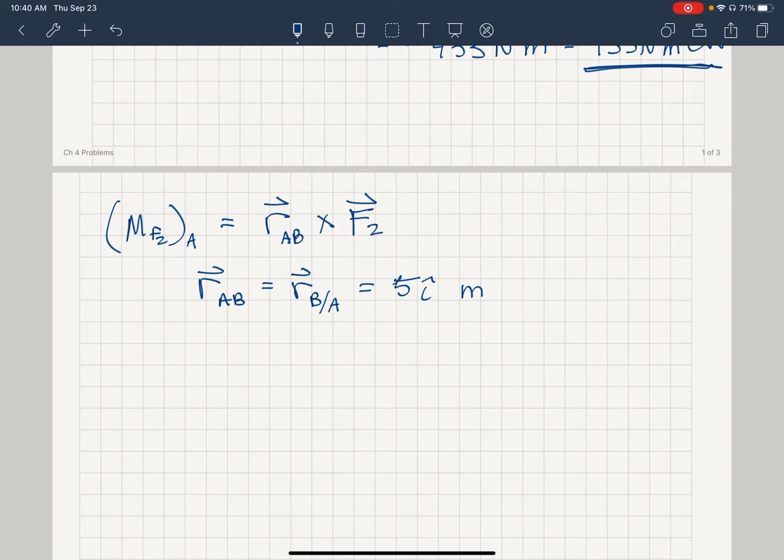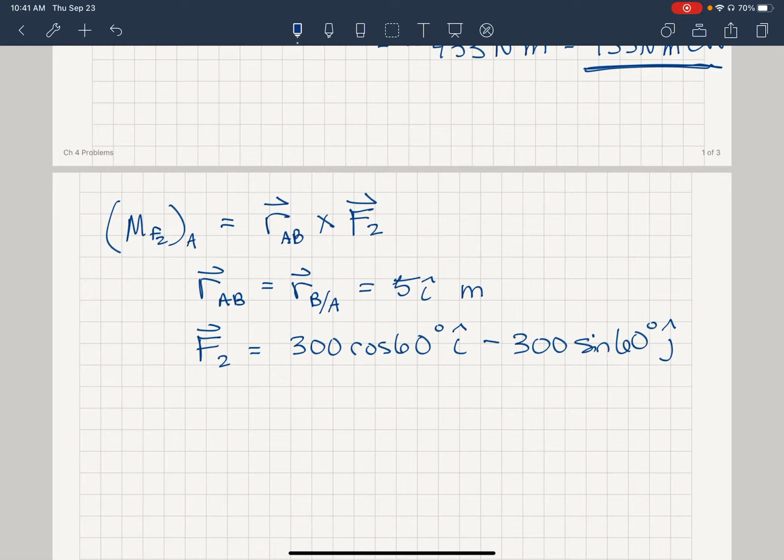That equals 5I meters. Now the force of 2 is going to equal, so we can just do sine and cosine here, right? So 300 times cosine of 60 is going to give us that I component, and then minus 300 sine of 60 degrees is going to give us the J component.